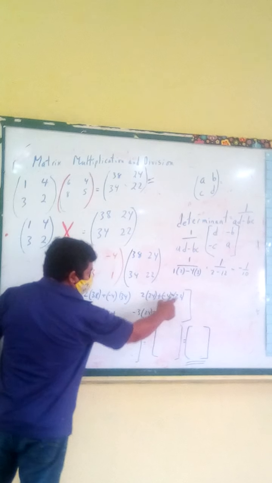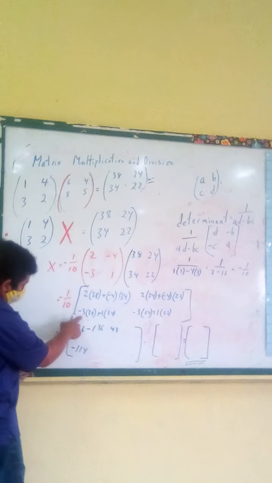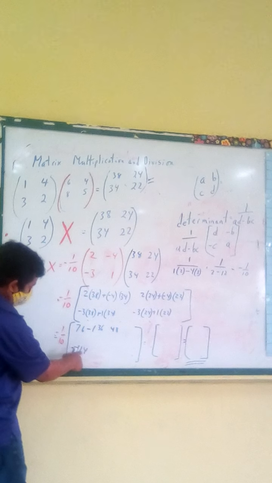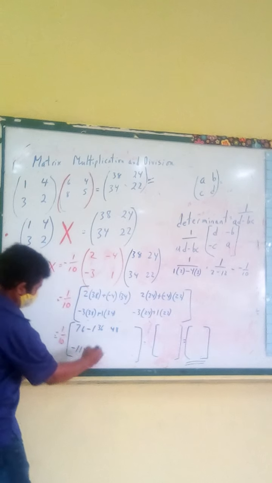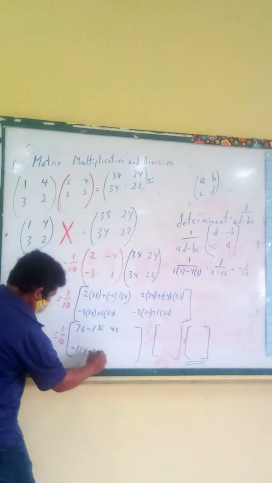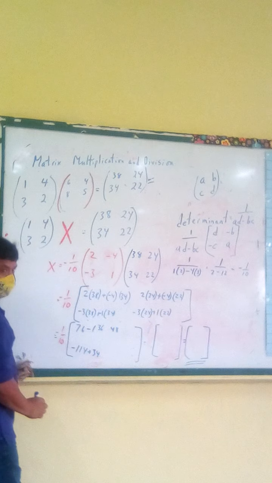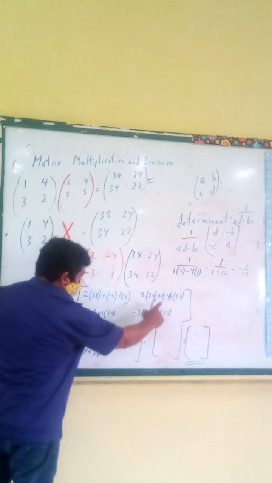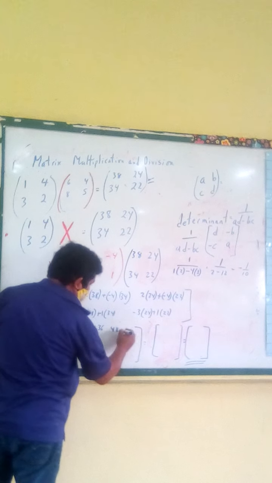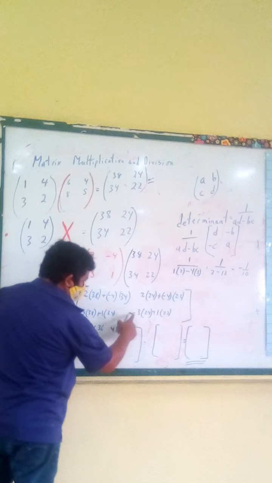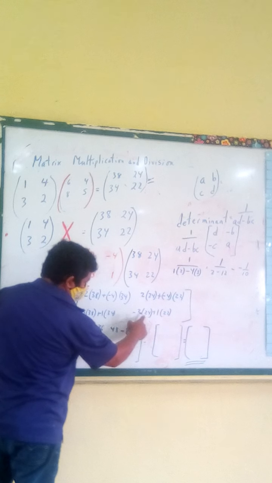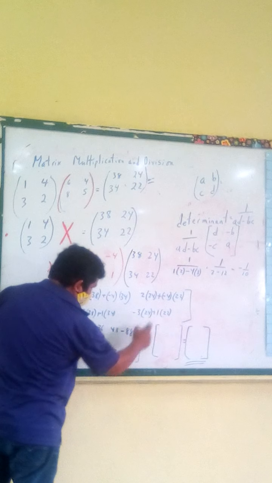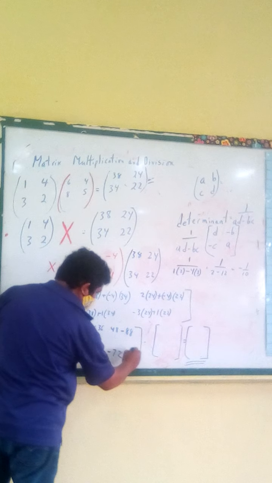Negative 3 times 24, negative 72. And 1 times 22 will give us 22.